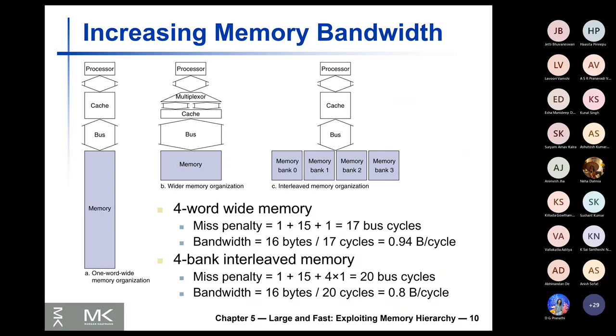They are now connected to the cache, but they can only supply one word at a time to the cache. So the bus width is 1 word, and the processor, as usual, takes only 1 word from the cache.